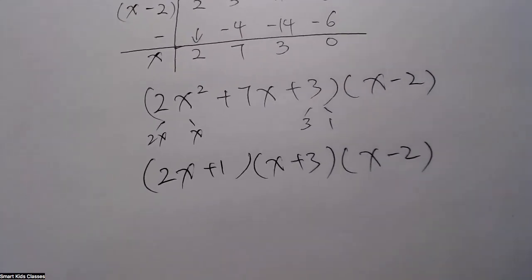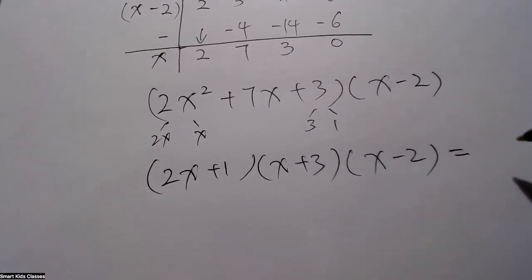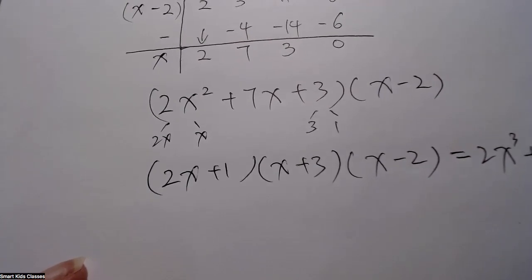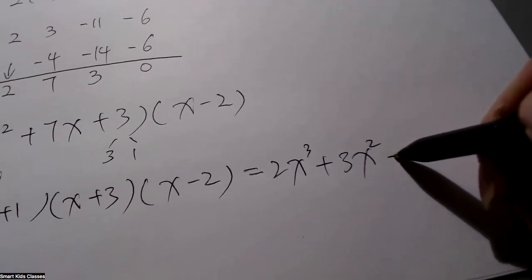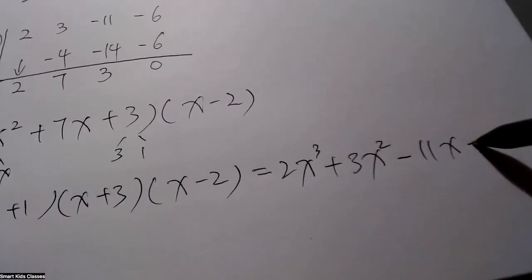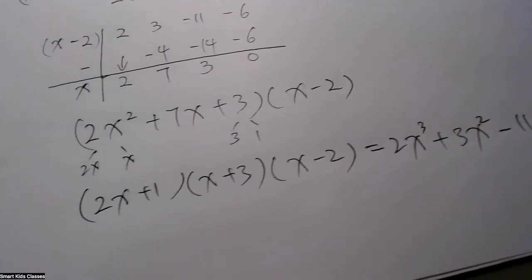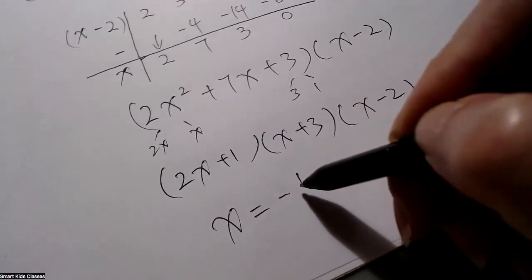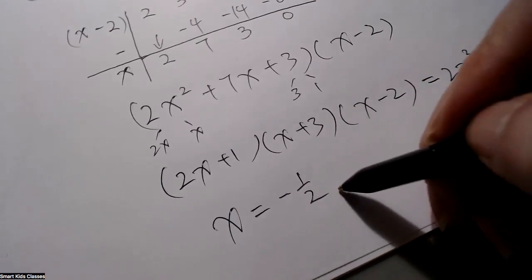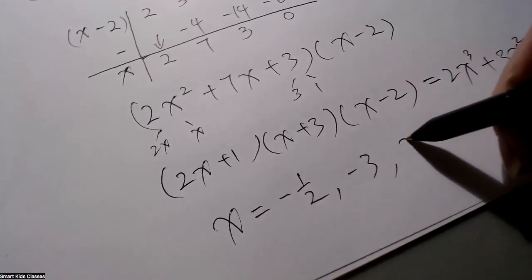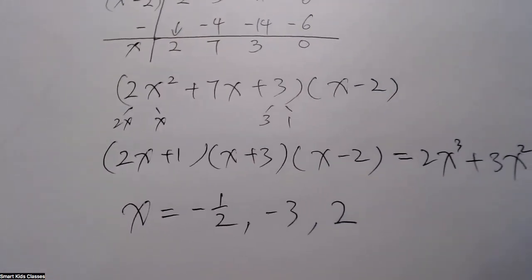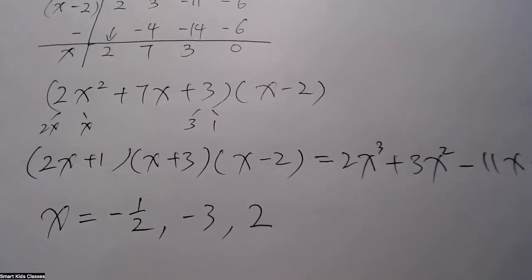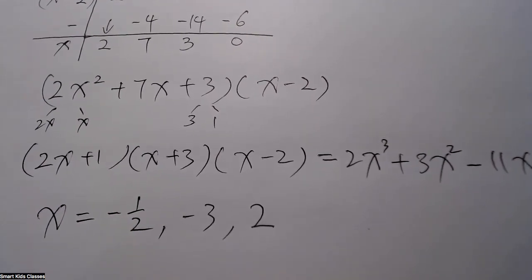So the equation 2x exponent 3 plus 3x exponent 2 minus 11x minus 6 is fully factored into 3 factors. Now, the answer is x equals negative 1 over 2, negative 3, and positive 2 is the solution for this polynomial function. So we finish example 2.